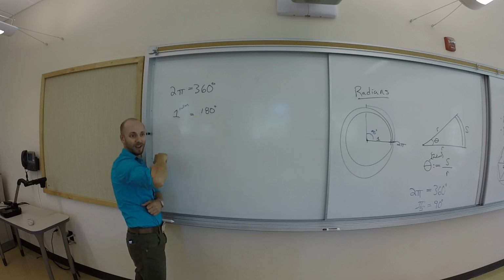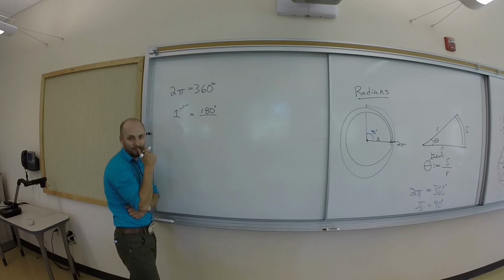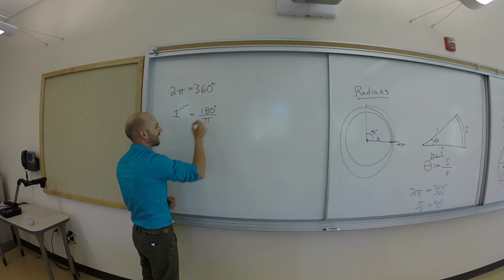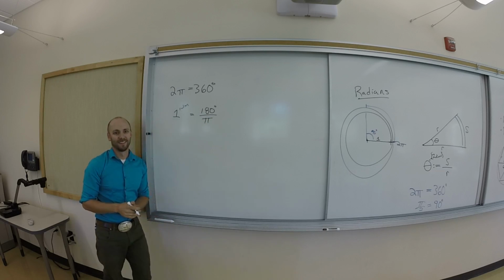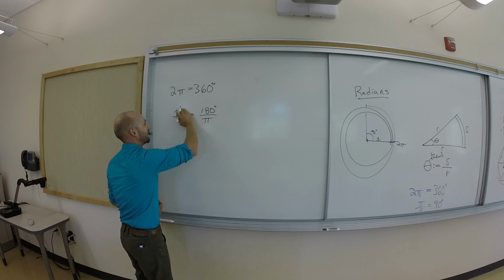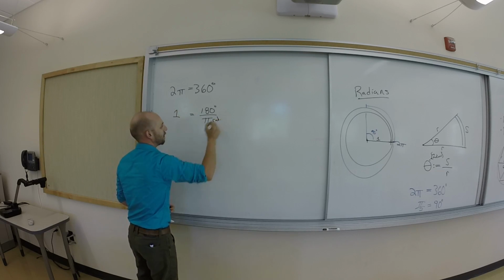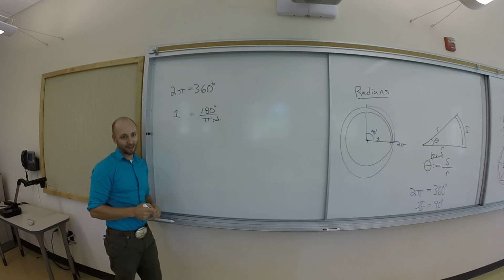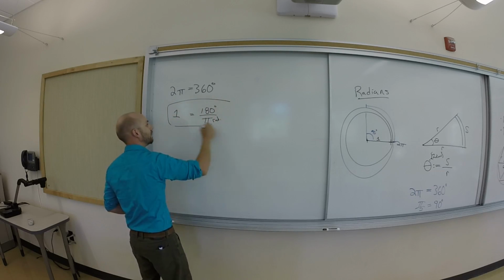That's halfway. But what's 1 radian? 180 over pi. You see this? Let me write that this way. Now this gives you a conversion factor.